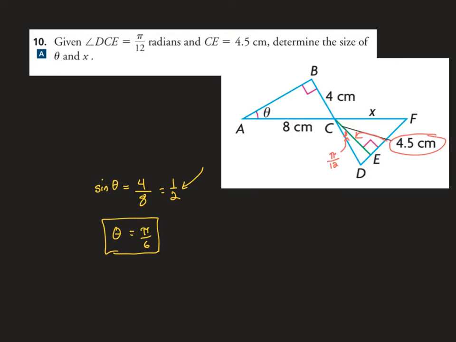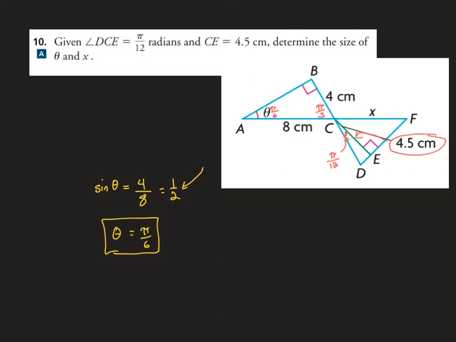For anyone who's still uncomfortable with radians, remember this is a 90, pi by 6 is 30 degrees, and pi by 3 is 60 degrees. 90, 30, 60. That adds up to 180. So I can write in that this is pi by 3, and this is pi by 6.